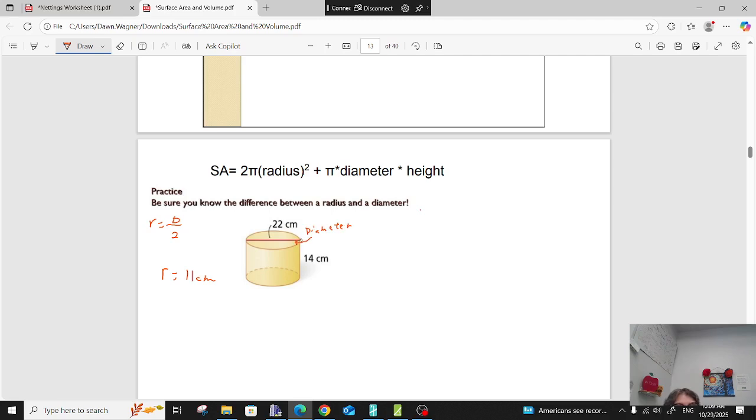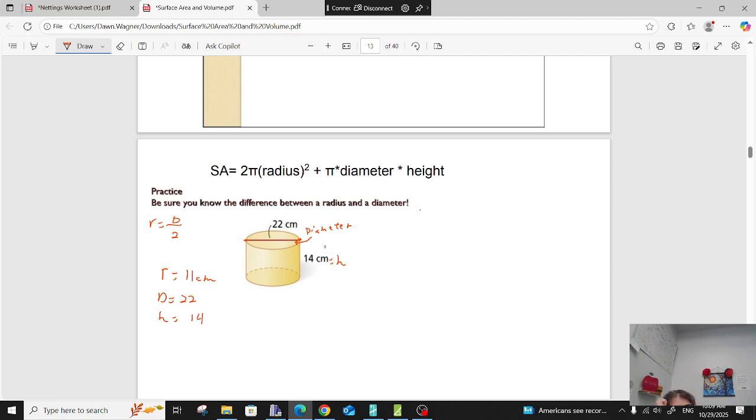Diameter is when it's going from end to end. So diameter is what? 22? What's the height? The height is the distance between the 2 circles. This is height. So height is 14.